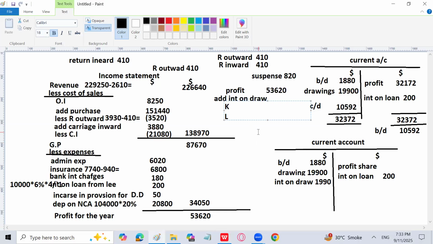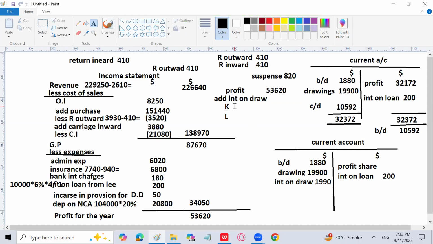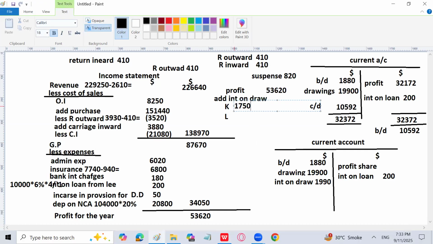So 10% of 17,500 is 1750, and Lee's drawings are 19,900, so that is 1990. The total interest on drawing to be added is 1750 plus 1990, that is 3740.